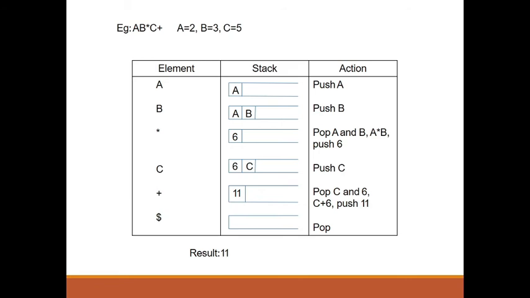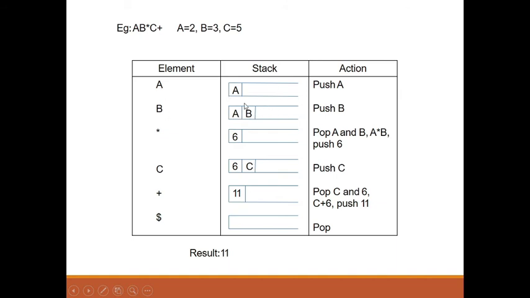We have another example here. Let's say we have A B times C plus. So this is the postfix expression, and we'll have a substitution here: A equal to 2, B equal to 3, and C equal to 5. The first elements are A and B, and we push both on the stack.